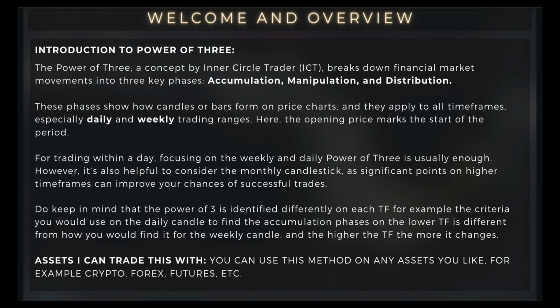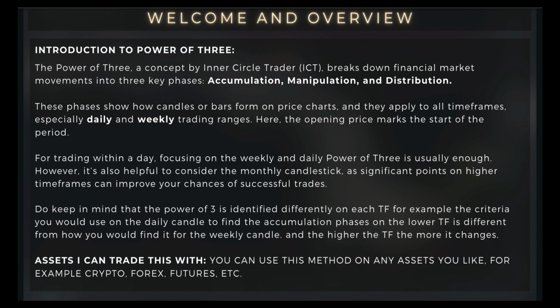Do keep in mind that the Power of 3 is identified differently on each time frame. For example, the criteria you would use on the daily candle to find the accumulation phases on the lower time frame is different from how you would find it for the weekly candle, and the higher the time frame, the more it changes.